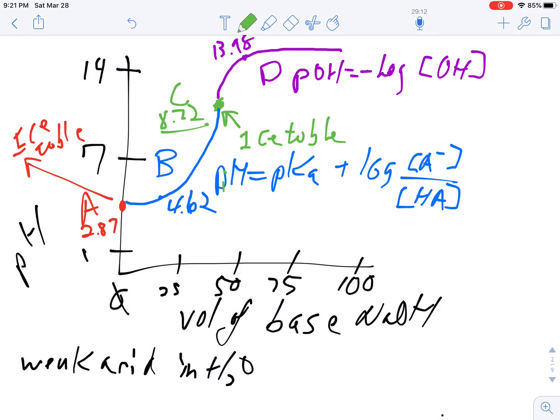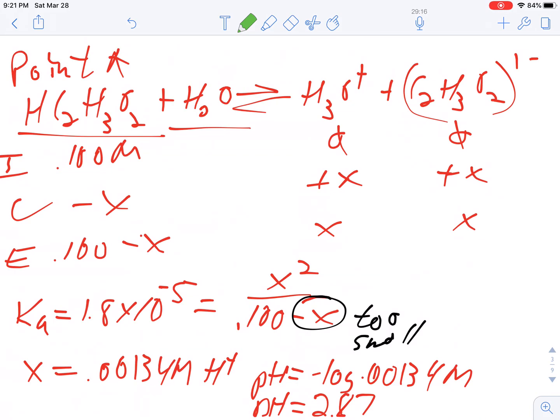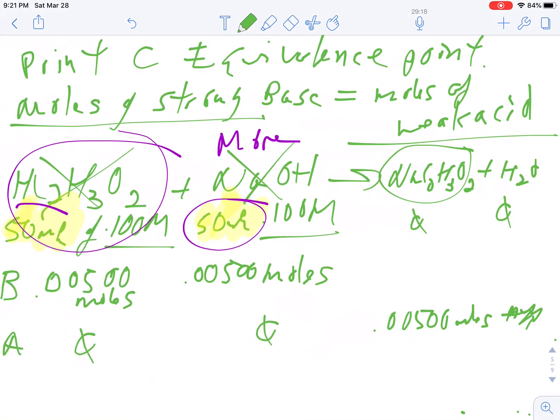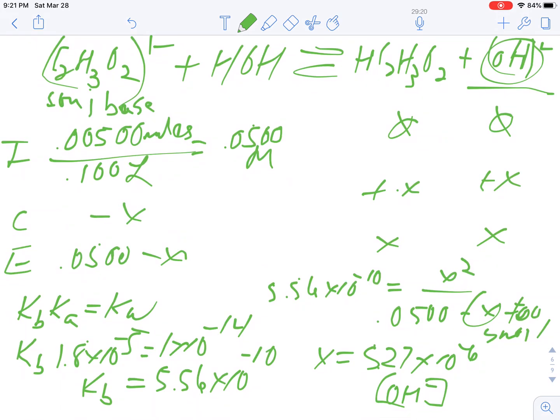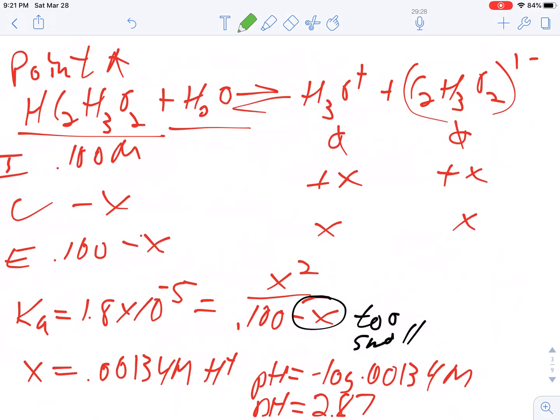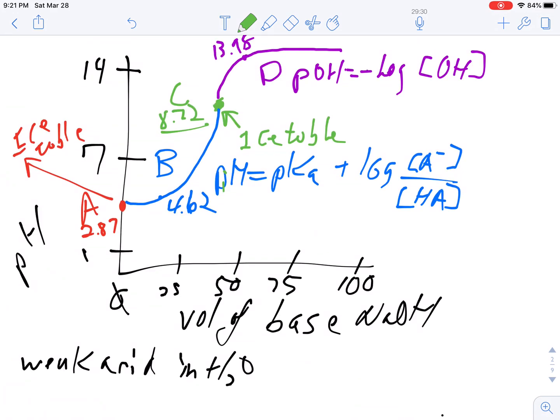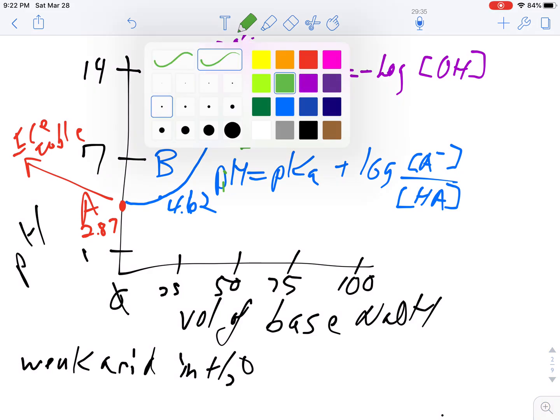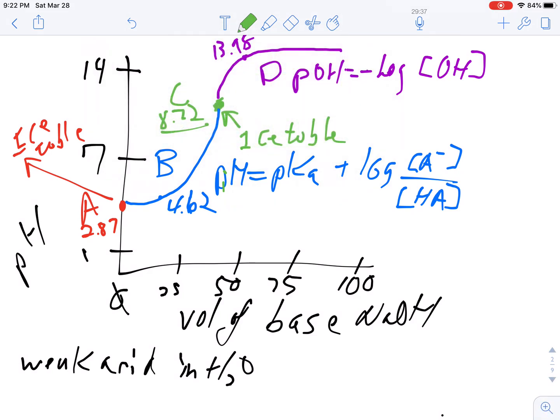All right, the last point I want to make, well, actually, there's a couple points I want to make. The equivalence point is 50 mL. That was the equivalence point.